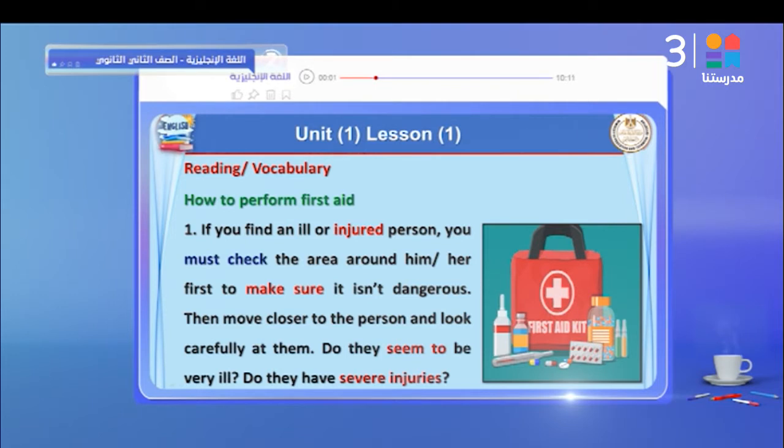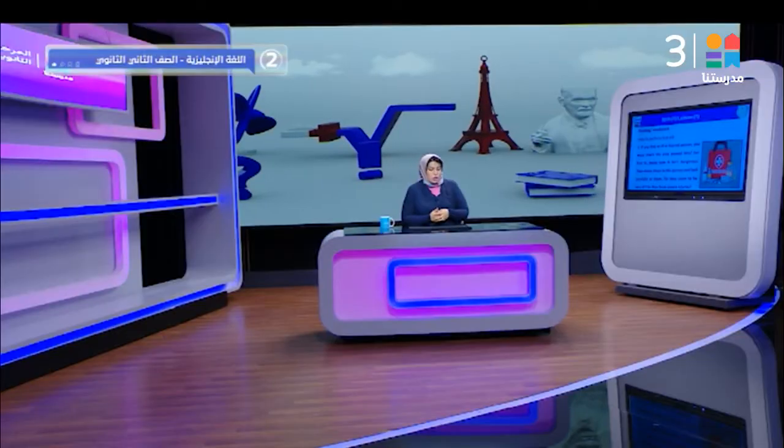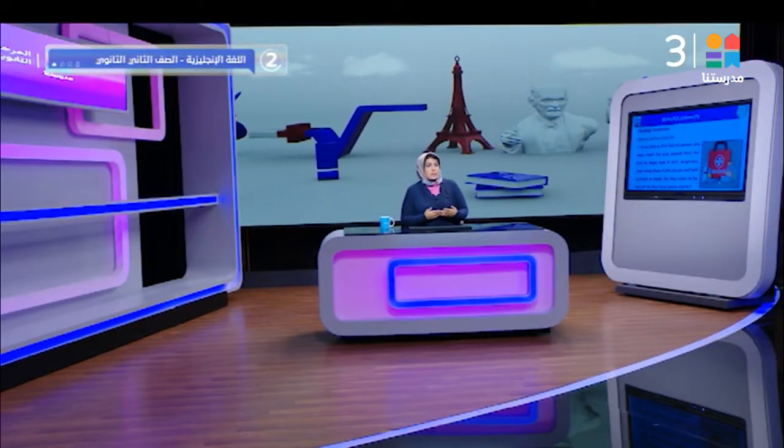Do they look like they are ill? Do they have severe injuries? Severe injuries, so it's too harmful. It's too much of an injury. So we call it severe injury. Okay?